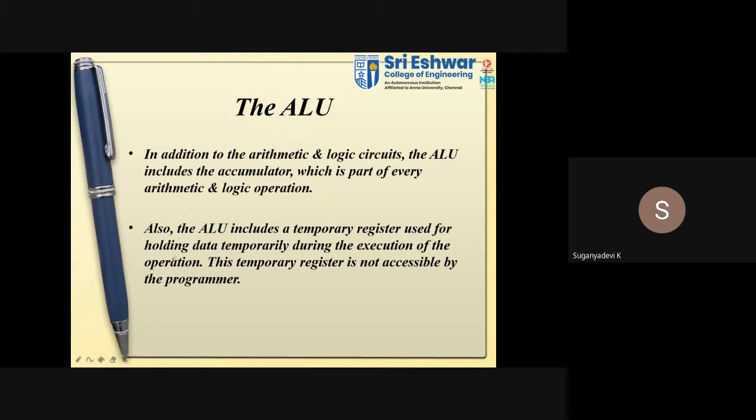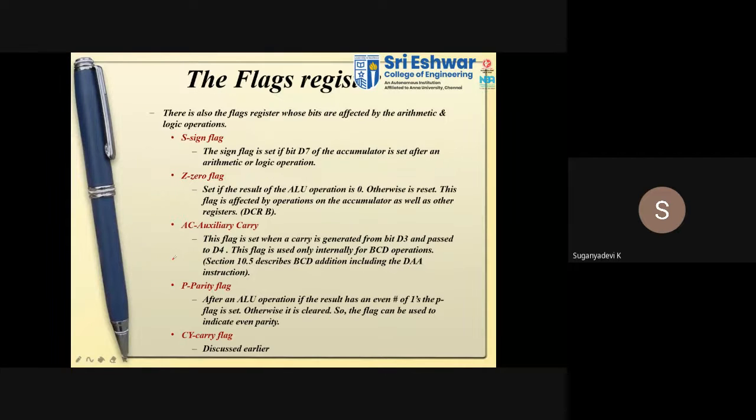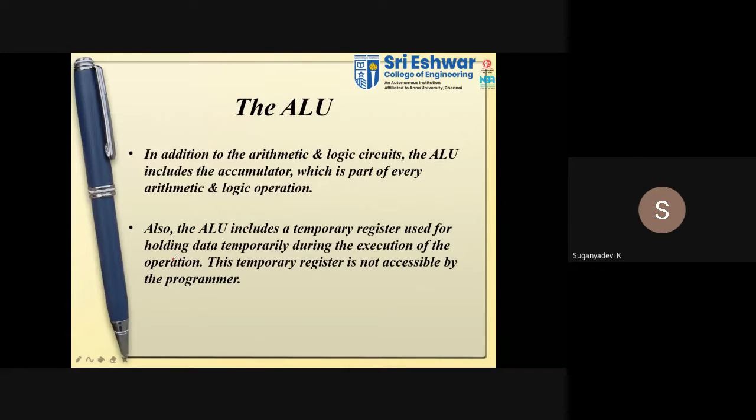The ALU includes a temporary register used for holding data temporarily during the execution of the operation. We also have an additional temporary register near the accumulator and ALU. We'll see the stack register in the next class. I hope everyone is clear with the basic concepts of 8085.